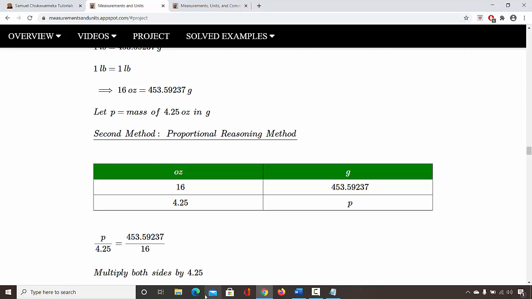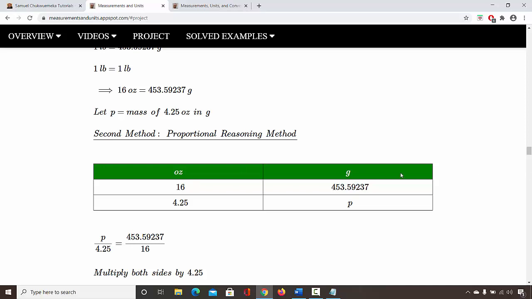Days and weeks. How many hours in 3 days? What two variables are involved? Hours and days. When you have two units, you can convert from any unit to any unit. Just ask yourself what two variables are involved.